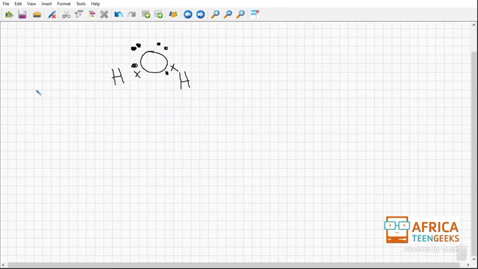Okay. So on the previous page, we calculated that the electronegativity difference is 1.4. Okay. And this one here, its electronegativity difference is also 1.4. It's a bond between an oxygen and a hydrogen. Okay.